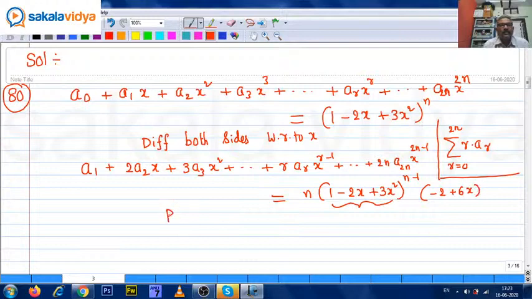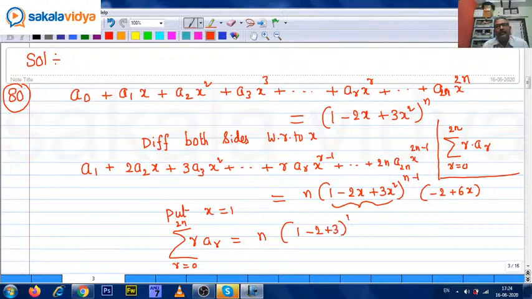Now substitute x is equal to 1. So a1 plus 2a2 plus 3a3. That means you will be getting sigma r times ar, r is equal to 0 to 2n, n times (1 minus 2 plus 3) because x is 1, whole to the power of n minus 1, into (minus 2 plus 6).